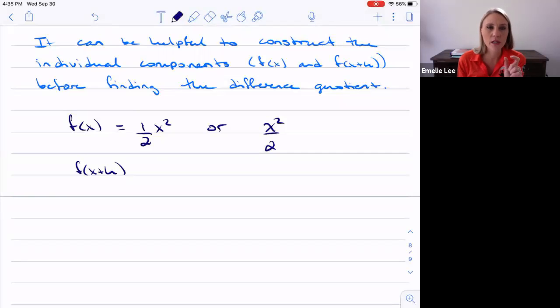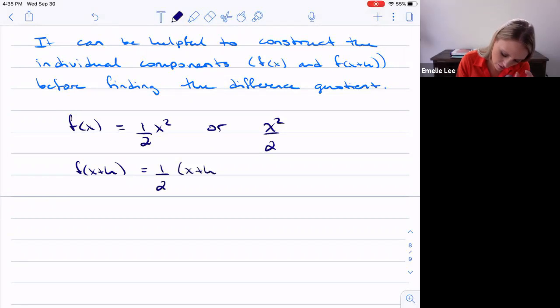So now wherever you see an x in the function, you want to put in an x plus h instead as one thing. So this is going to be 1/2 x plus h squared. Okay. So the x is being replaced by x plus h in brackets.